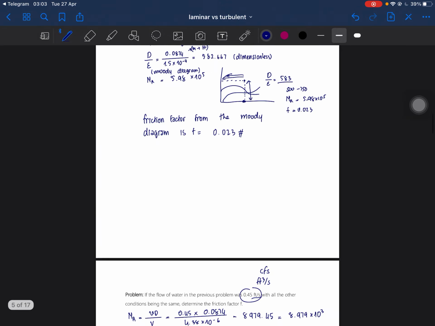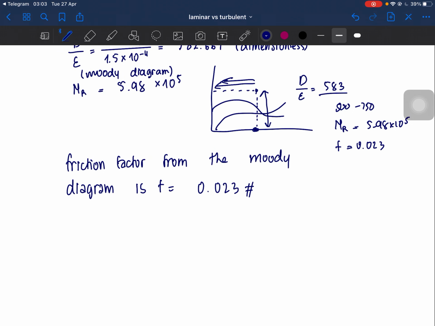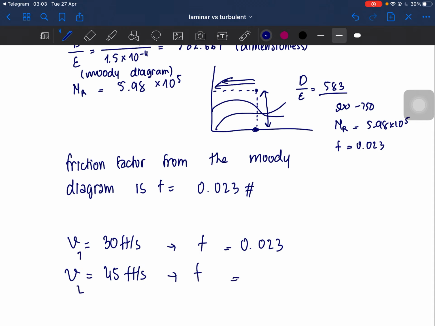In the previous exercise, V is equal to 30 feet per second and the friction factor is 0.023, but this one, V is equal to 45 feet per second, and F is equal to 0.0343.